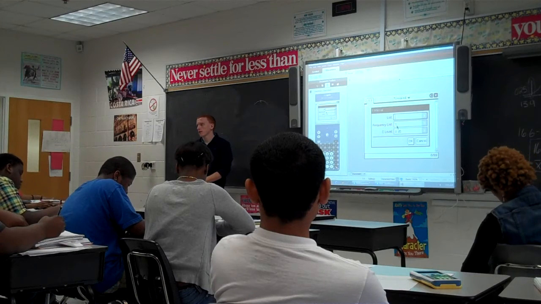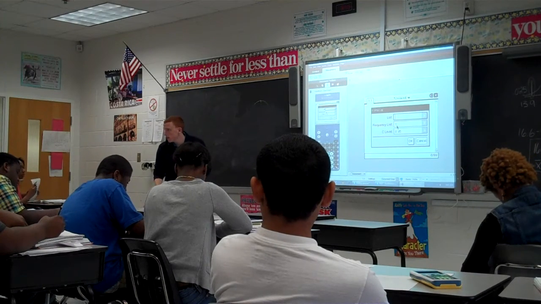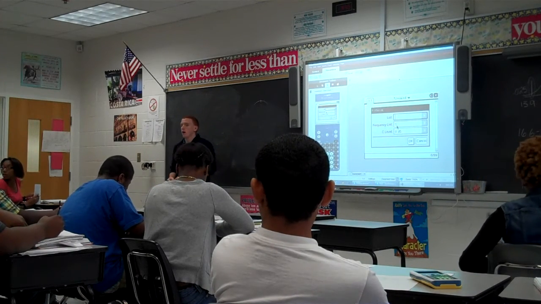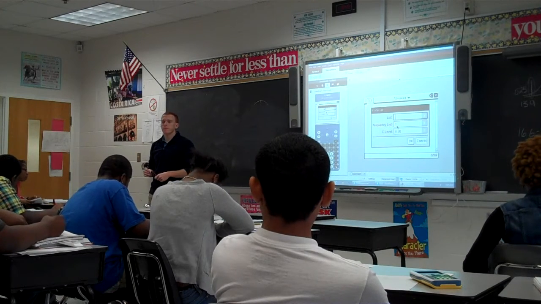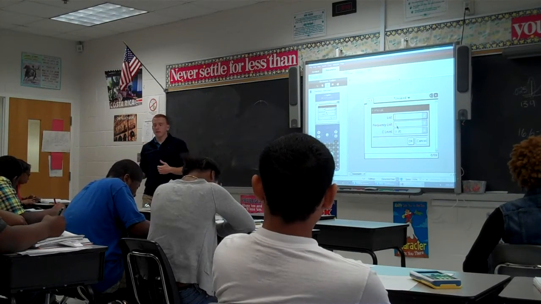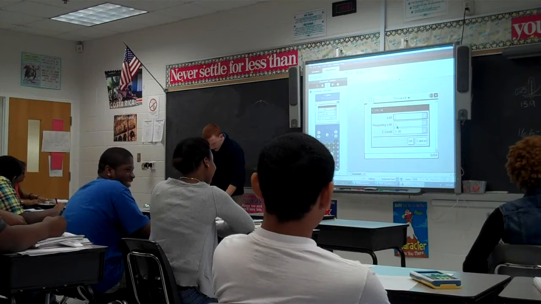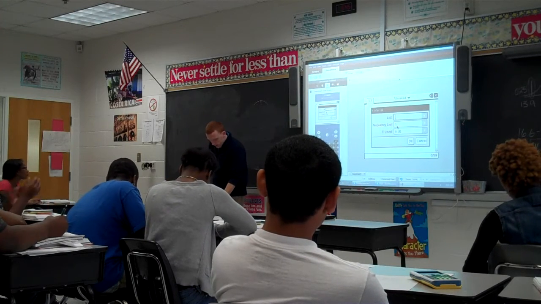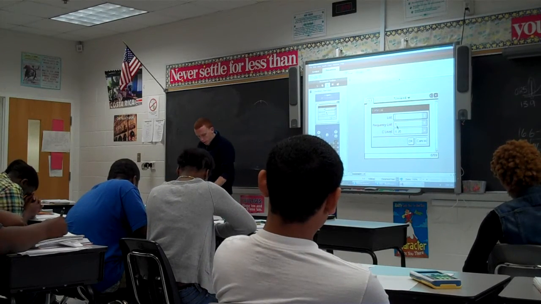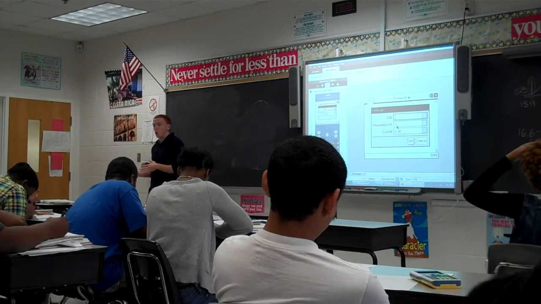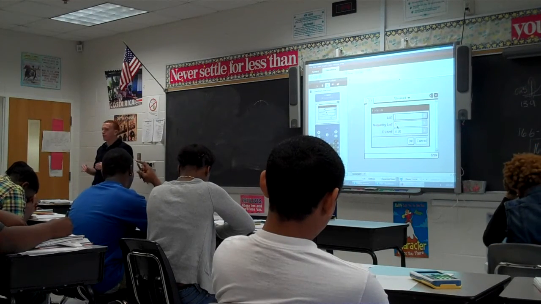Number 19. When I read that, they say a sample of size n is drawn from a population that is normally distributed. Why is that sentence important? That very first sentence.